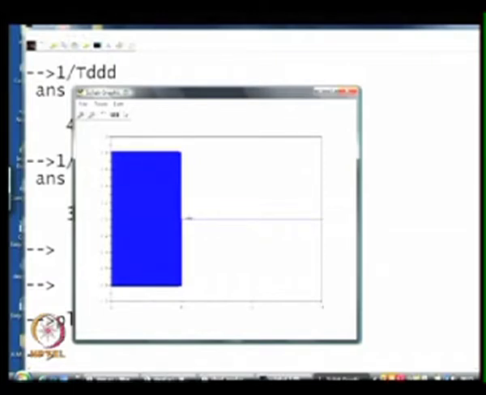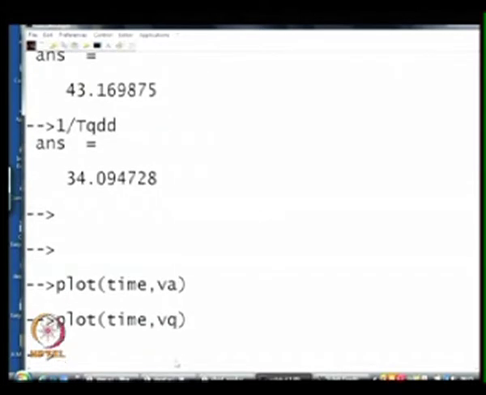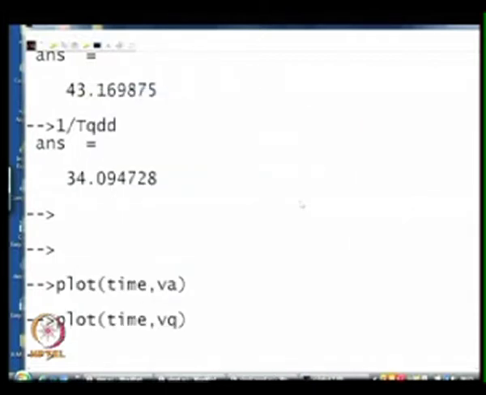Okay, so you find that at time t is equal to 5 seconds, the voltage VA for phase A becomes 0. In fact it becomes 0 for phase B and C also, which I am not showing right now. If you look at VQ also becomes, I am sorry, we will have to close this figure first and I will plot it again.